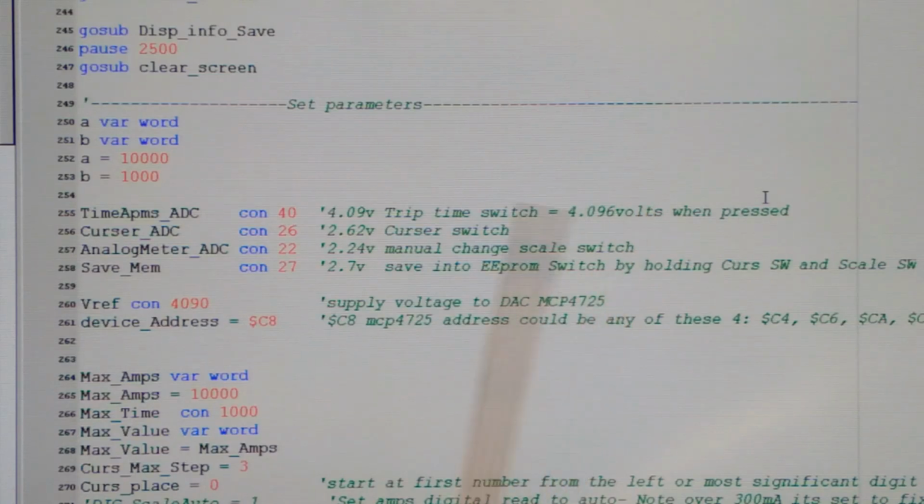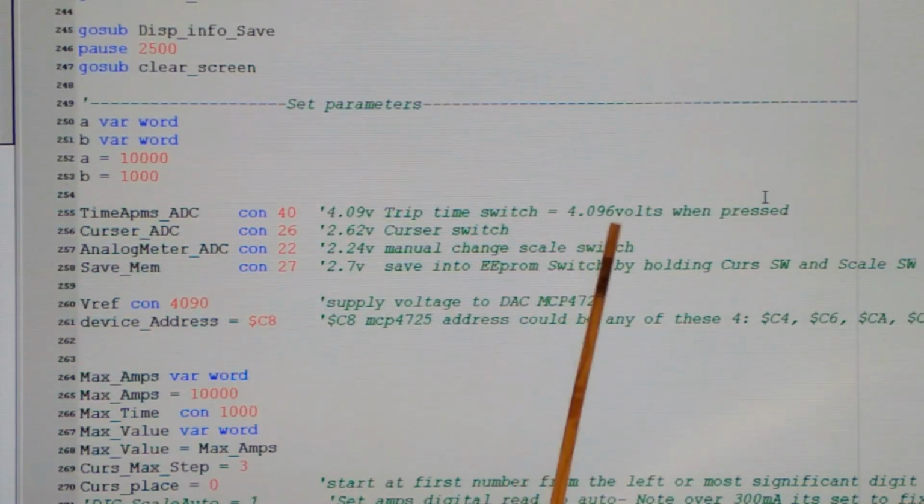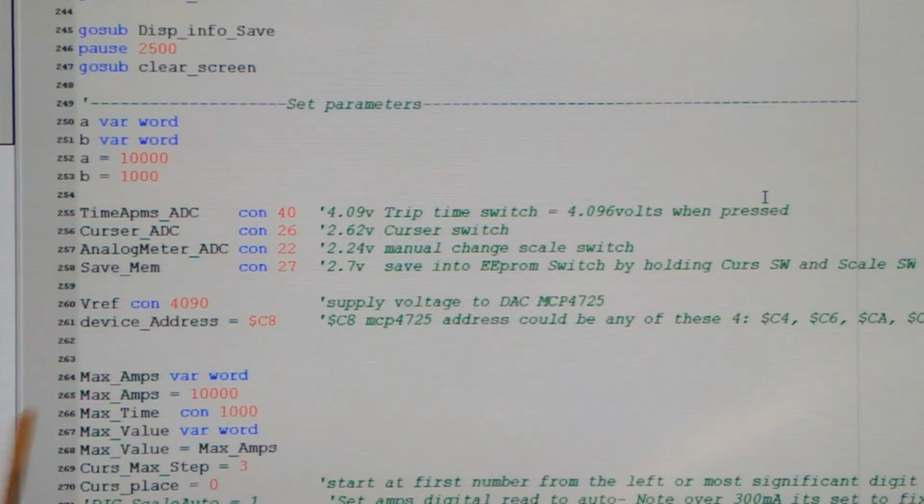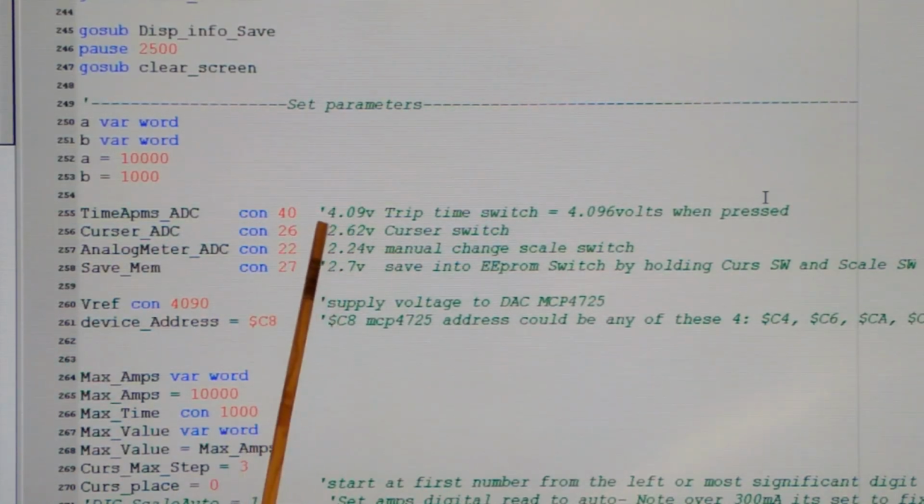Since I'm reading voltage, I'm using the internal voltage of the chip, which is 4.096 voltage reference built into the microchip with this particular chip. So the voltage can never be higher than 4.09 because that's what your reference is, regardless that you're powering up the chip at 5 volts.